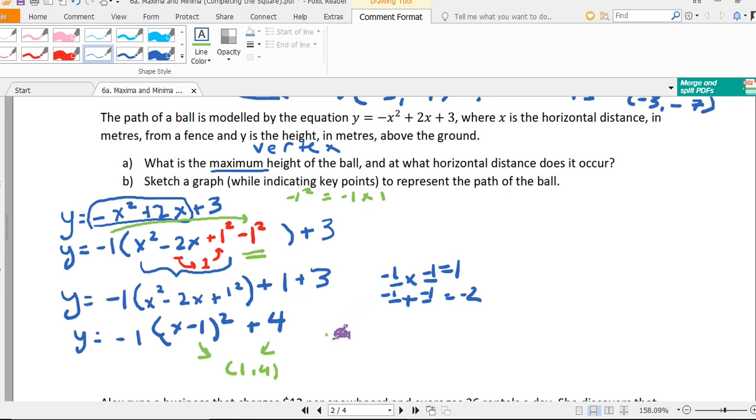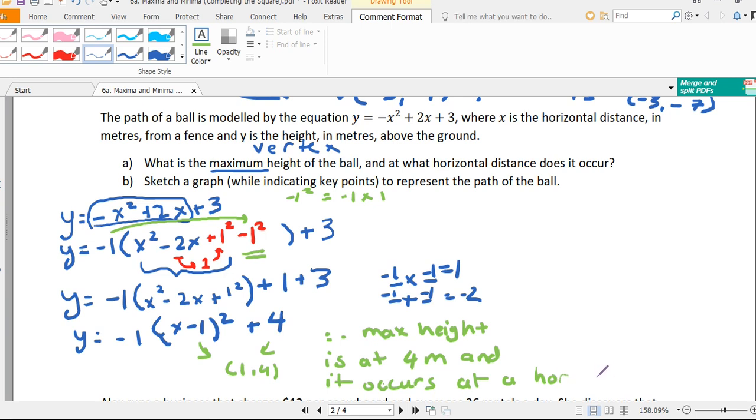So therefore, max height is at 4 meters. Yep, 4 meters, and it occurs at a horizontal distance of 1 meter.